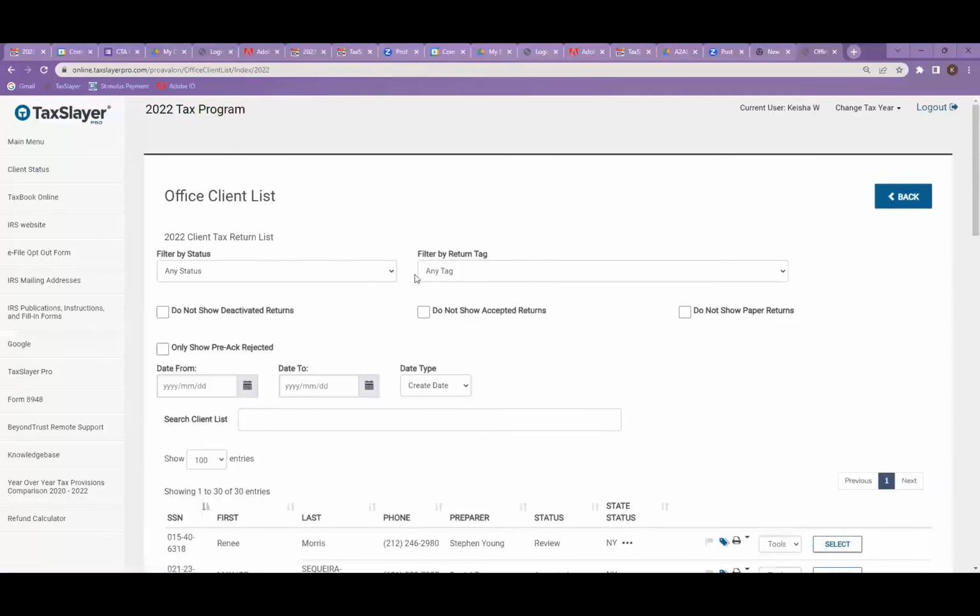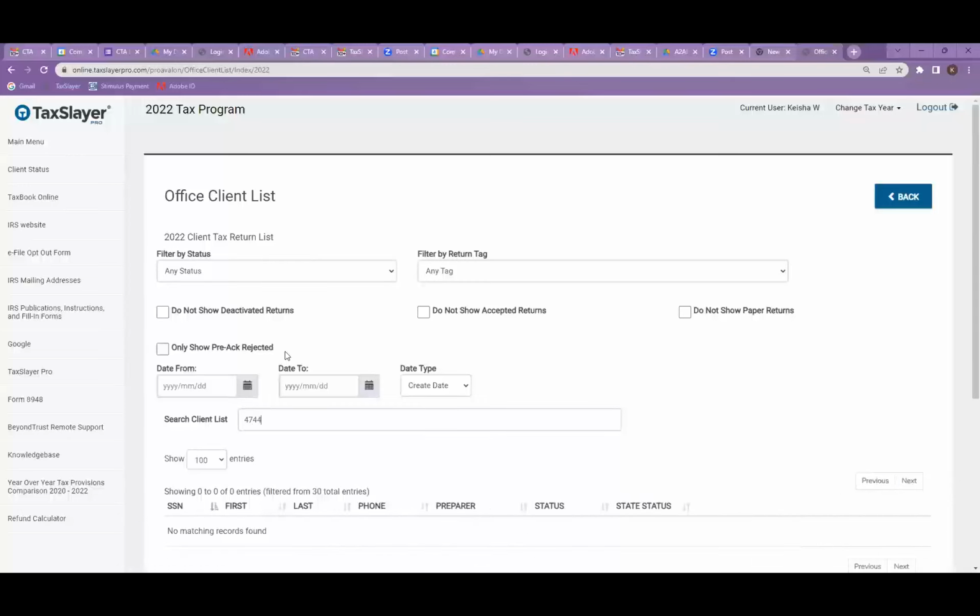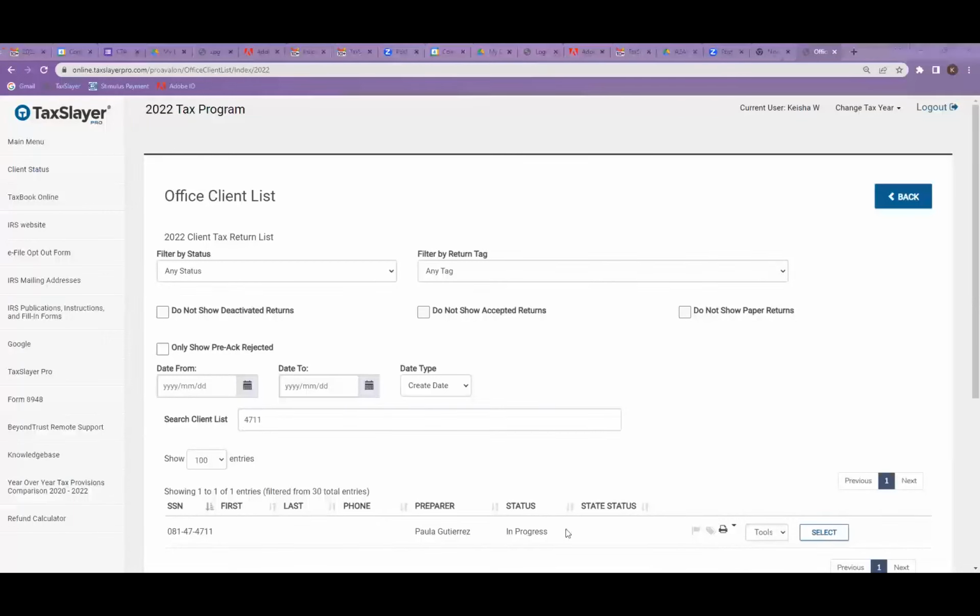And the last four digits of the social is 4711. Is something listed there? I think one of our volunteers has started the return on 4711.